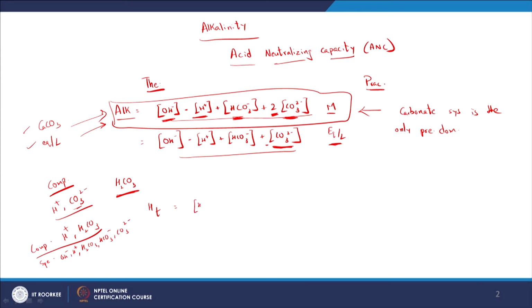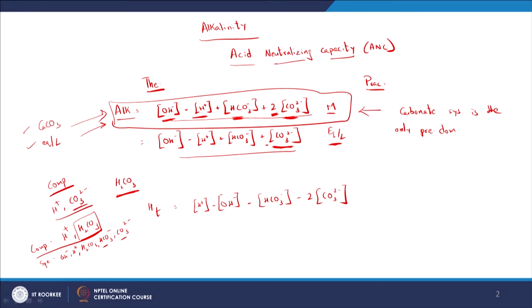H plus obviously, right, and what else? Minus OH minus, yes, and now because we have a component as H2CO3 and not CO3 2 minus, you are going to have two additional terms here, and what are they? HCO3 minus, 2 times CO3 2 minus, right.